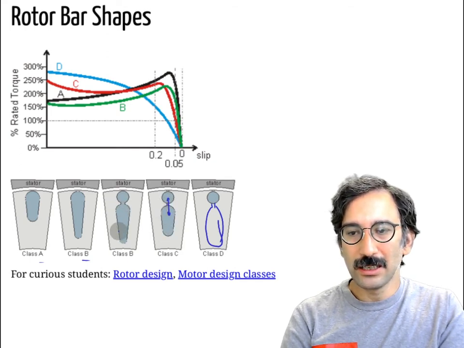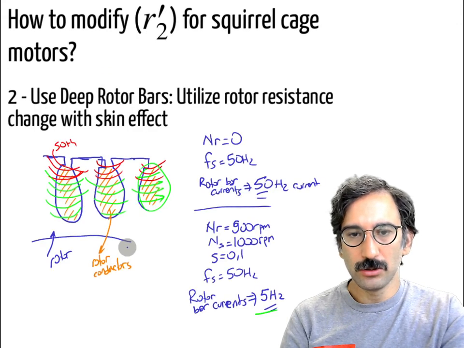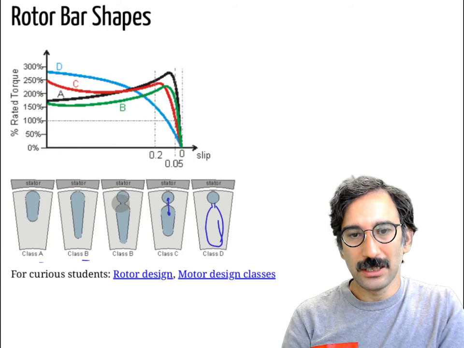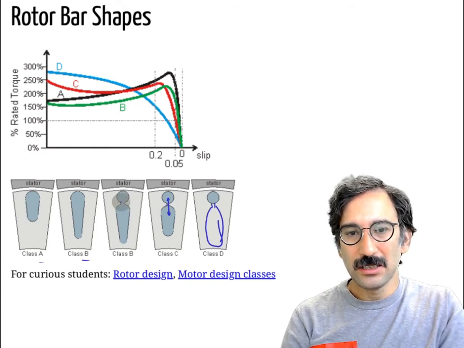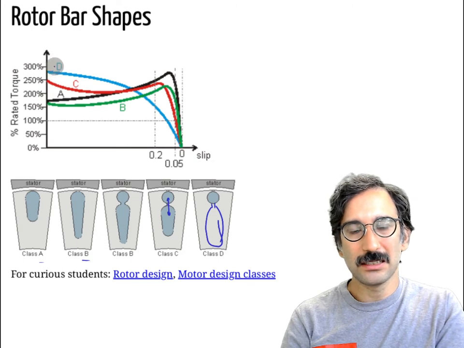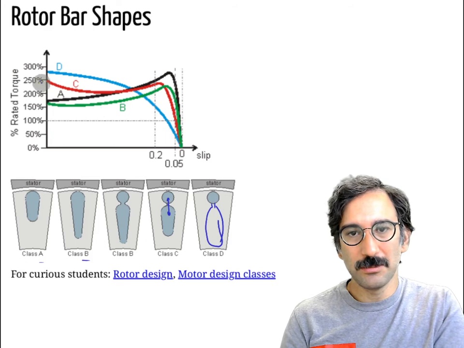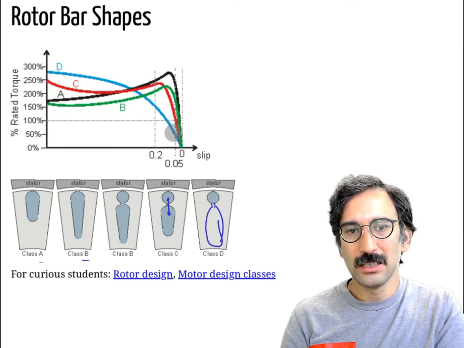If you have that kind of rotor shape, as I explained here, those can be isolated as well. So at startup, just one portion of the rotor bar is utilized, or let's say class D. That creates a lot of torque during startup, maybe 3 times the rated torque. And again, it converges down to here.